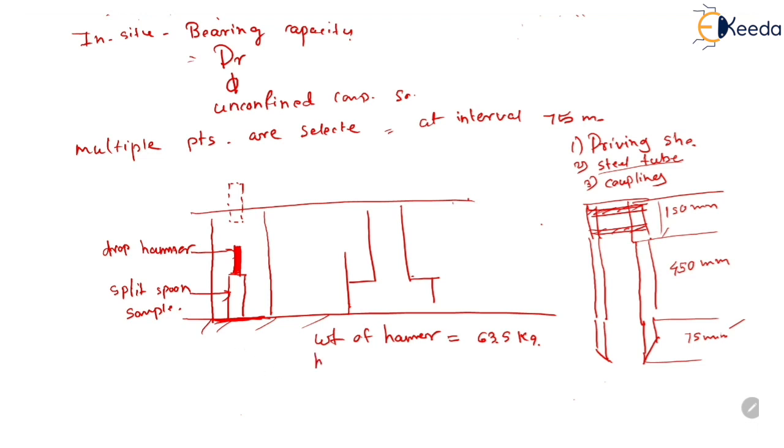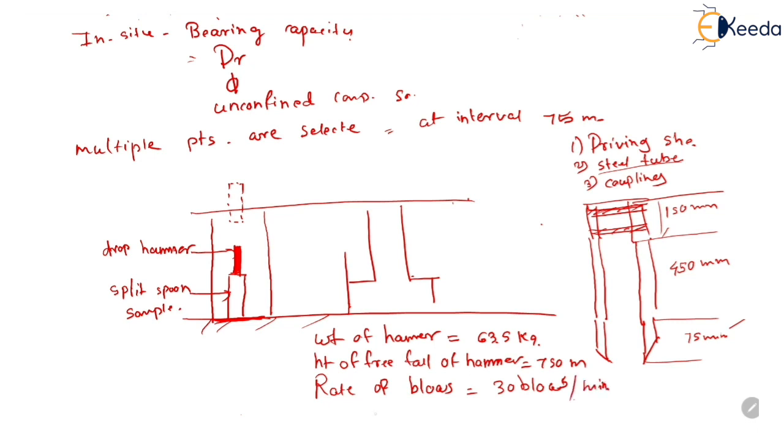The height of free fall of hammer is kept equal to 750 mm and the number of blows are given at the rate of 30 blows per minute, as suggested by IS 2131:1963.